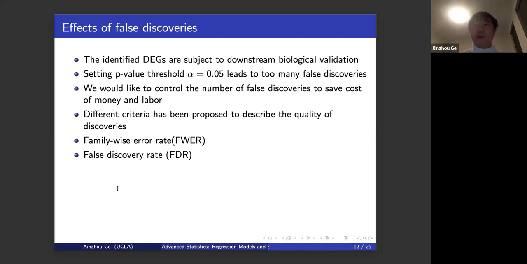And we may like to control the number of false discoveries, and there have been many criteria proposed to describe the quality of the discoveries. We have two most widely used criteria. The first is called family-wise error rate, and the second is called false discovery rate. I would like to introduce these two criteria one by one.